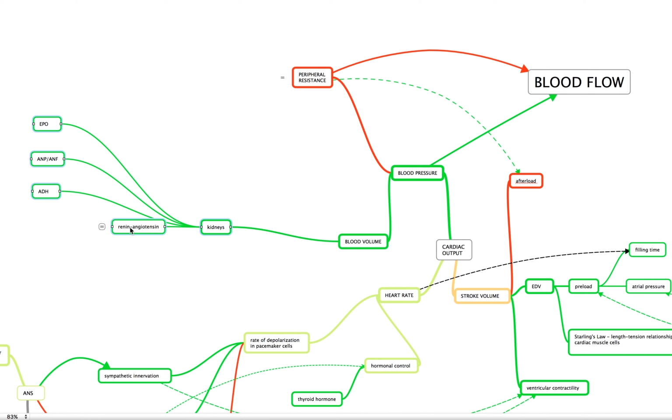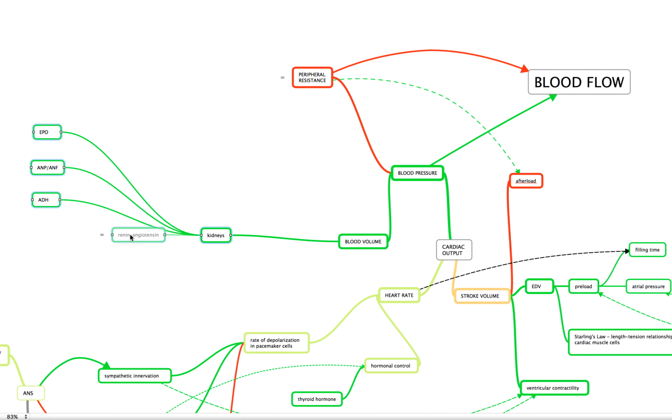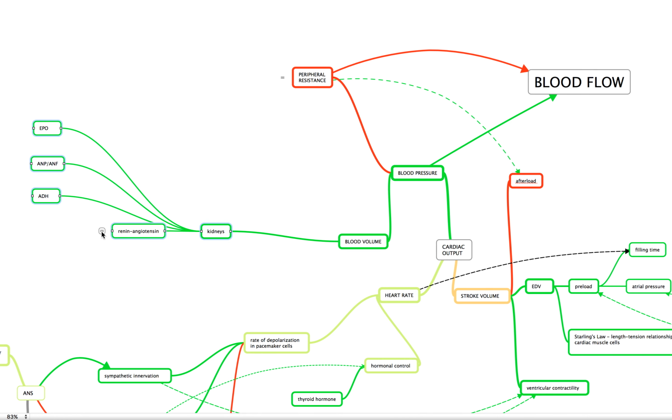And then this one we haven't really done very much yet, but we're about to. It's called renin-angiotensin. And this is one of the mechanisms that will actually be really effective at increasing blood pressure. So what's going to happen is when the kidneys detect low pressure in the afferent arteriole, they'll release some chemicals that will ultimately end up causing the release of aldosterone.